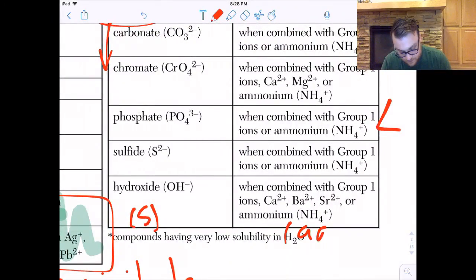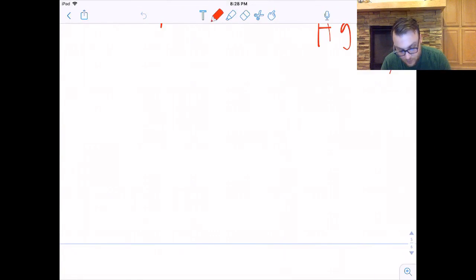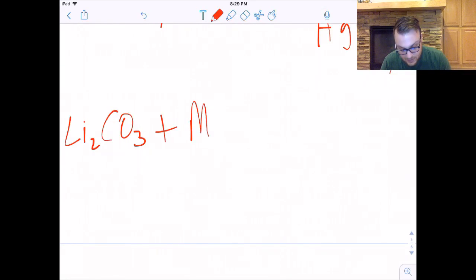If you react lithium carbonate with magnesium chloride, you will get lithium chloride and magnesium carbonate. Just trying to balance my equation here.